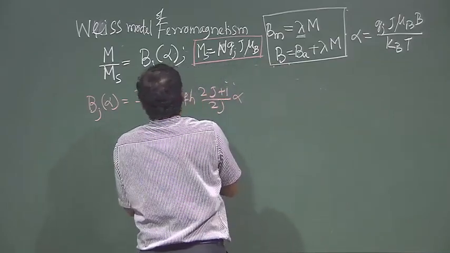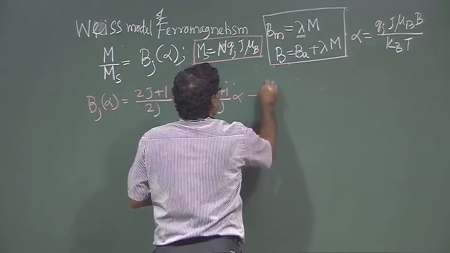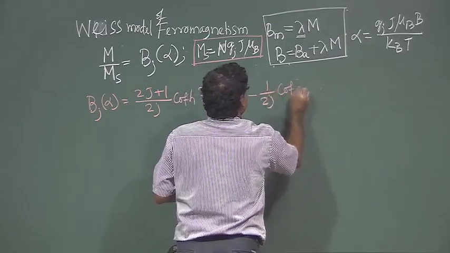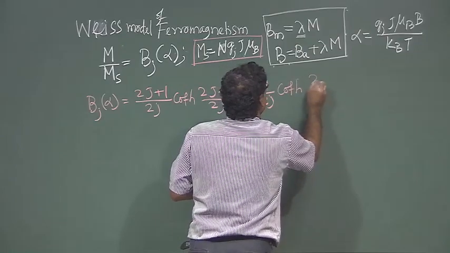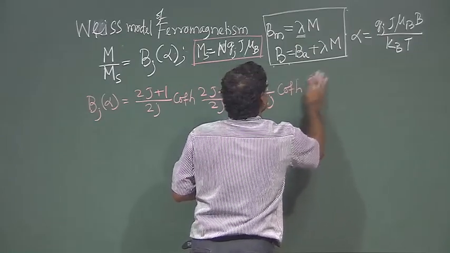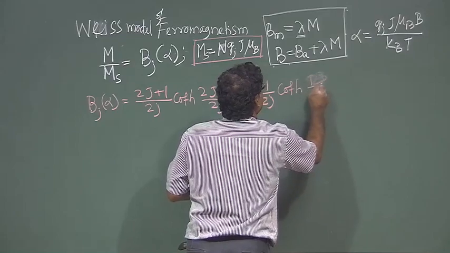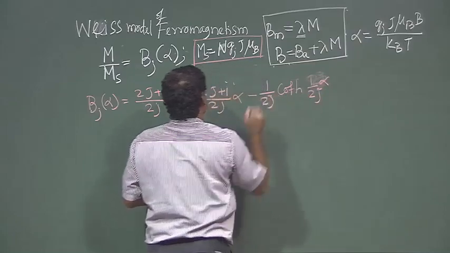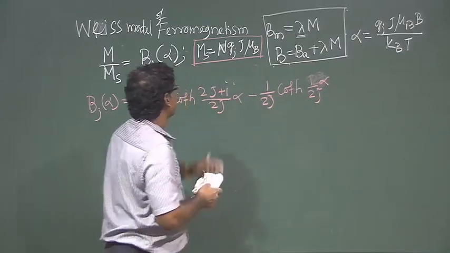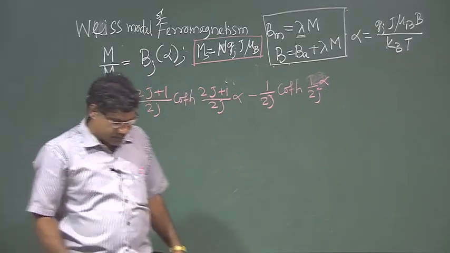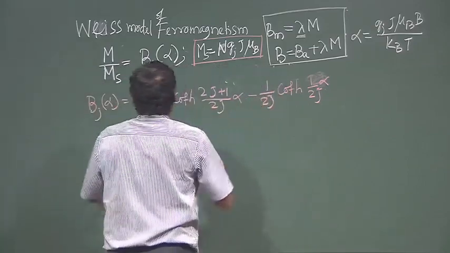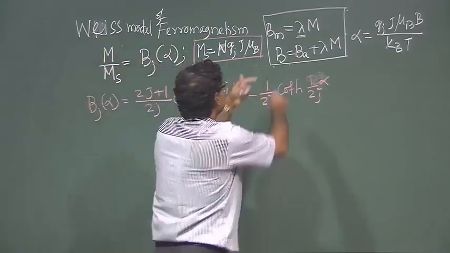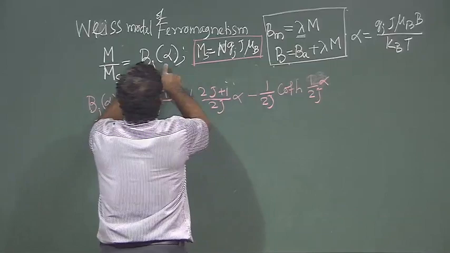So then this was minus 1 by 2J, 1 by 2J coth hyperbolic, 1 by 2J alpha. Okay. So that's the result for paramagnetic material.